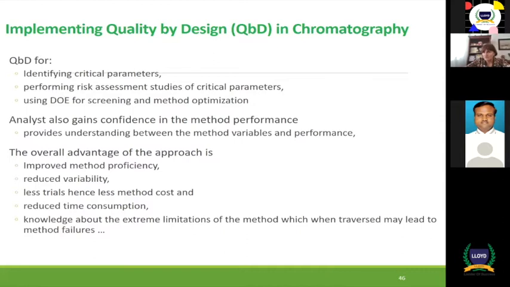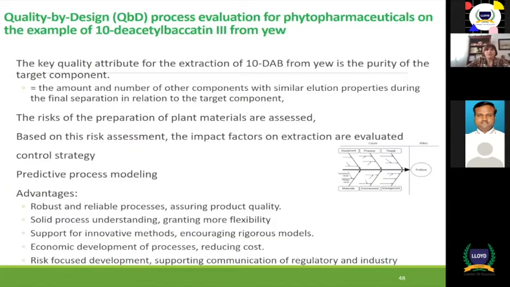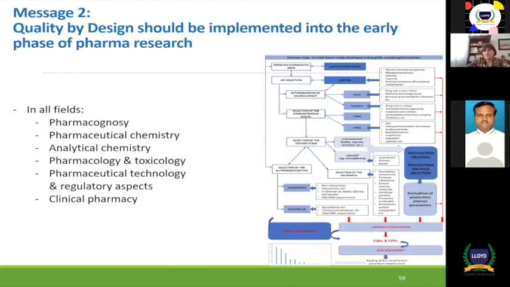I won't list them, just an example: the quality by design approach in developing an analytical methodology, and quality by design in the extraction of herbal drugs. So quality by design is not only for pharmaceutical technologists and product developers, but for all kinds of scientific fields. You will find articles, and please look for them, such as QbD for herbal drugs.